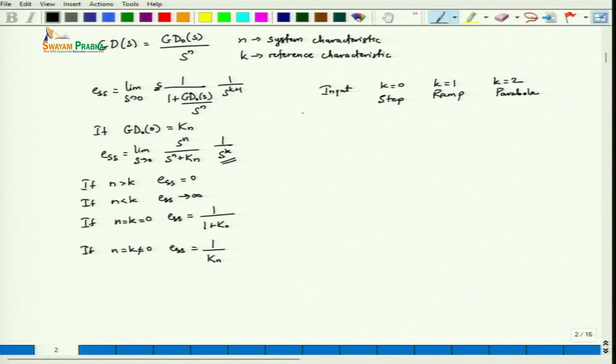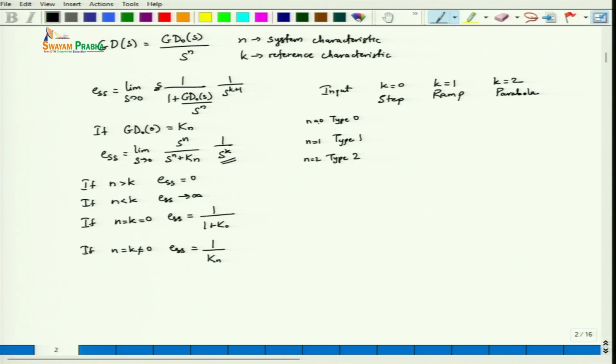Similarly, on the other side, n is equal to 0 is a type 0 case, n is equal to 1 is type 1, and n is equal to 2 is type 2.